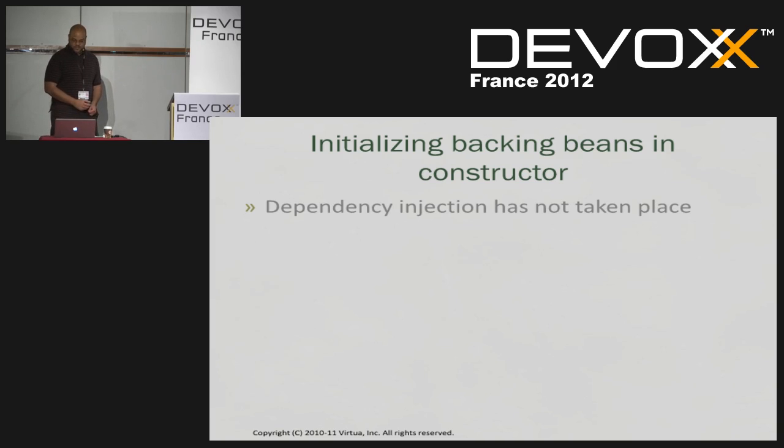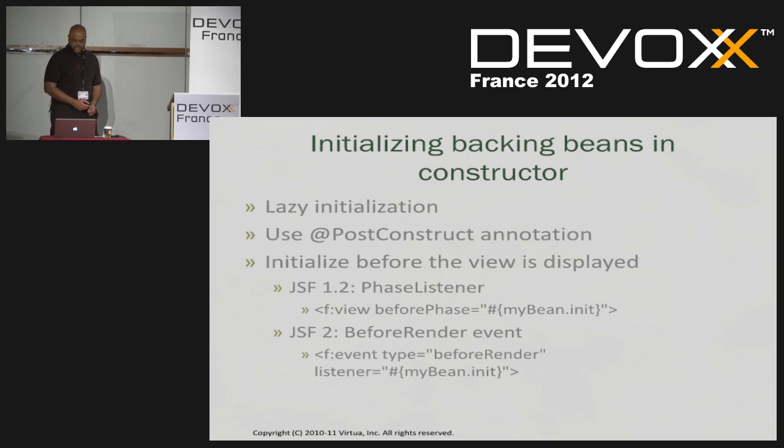So the way to do this, there's two ways actually. One is to use lazy initialization. This works in some cases. So maybe what you do is, you don't initialize anything up front and then inside of a getter or an action method, if it hasn't been initialized, you do the initialization. So there's one small upfront cost, but it's happening when the user interacts with the page as opposed to upfront, okay?